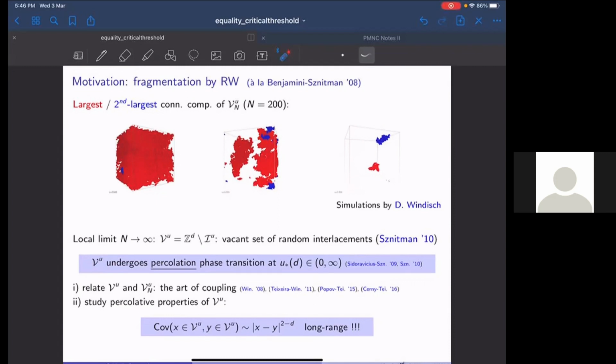Well, as I told you, in the definition of random interlacements you have bi-infinite random walk trajectories in transient domains. By virtue of being paths, they are connected, so you have infinite connected sets. So the percolation question doesn't make much sense, no matter what the intensity. That's why you don't do percolation with that.